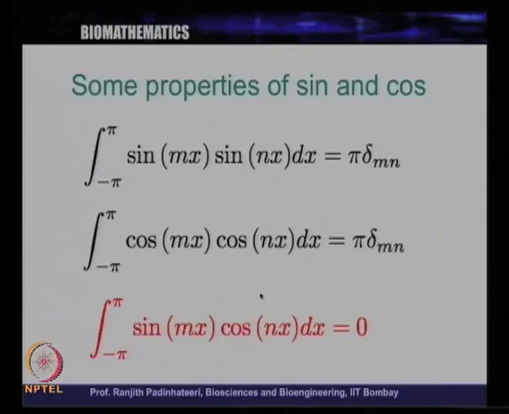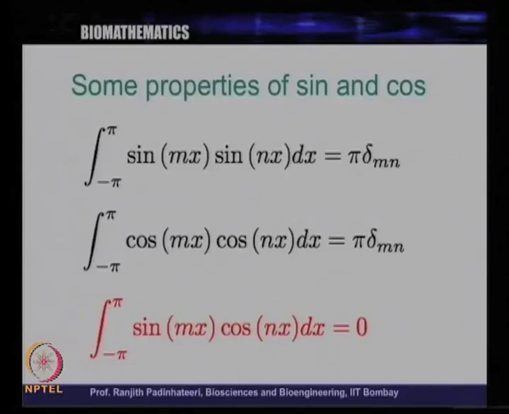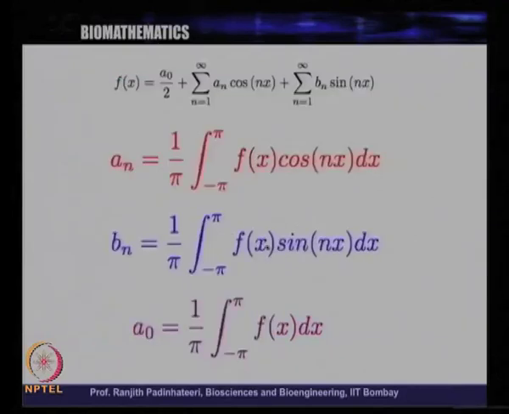If you use this property and write it out, essentially what you get is this particular result: a_n is equal to this, b_n is equal to this, and a_0 is this. If needed, one can directly multiply this f(x) with cos x, expand it and use this property, and then you get this result.